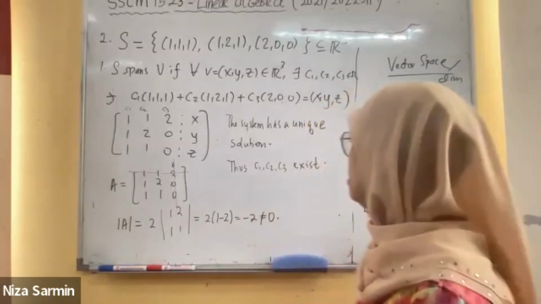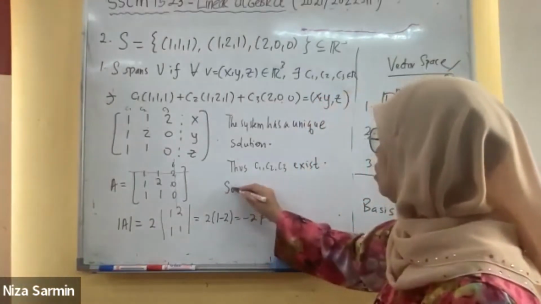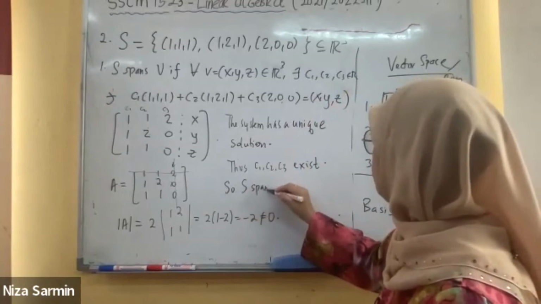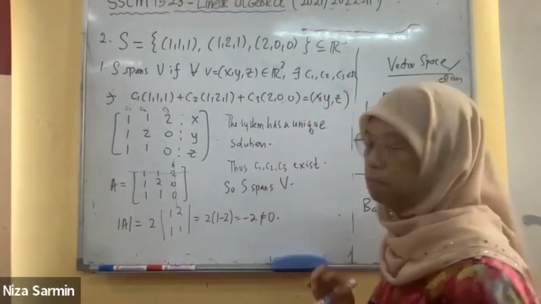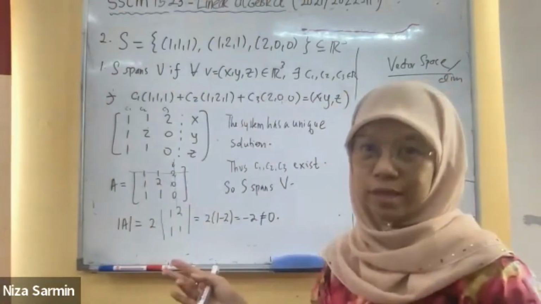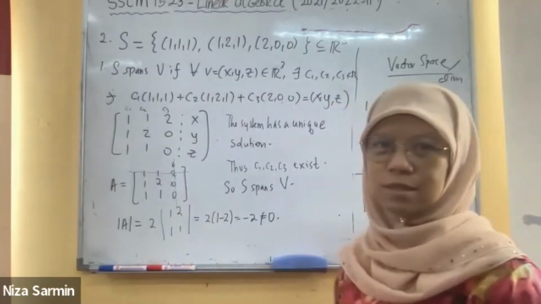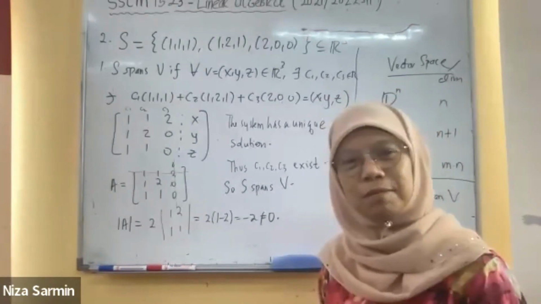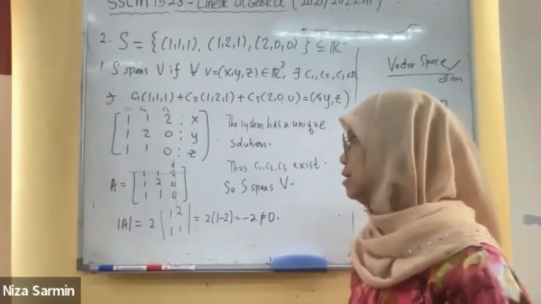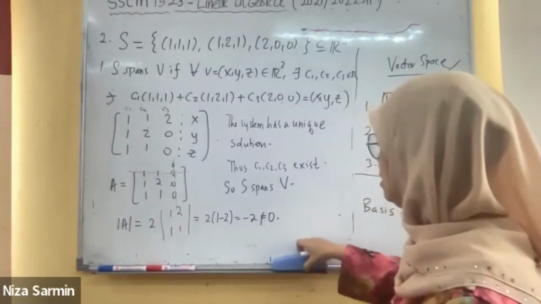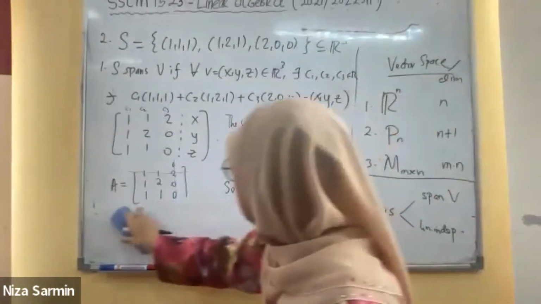So you stop here. So S spans V. Meaning span S is the whole R3. Okay? So we are done with this. But you're not done yet with the second part. Okay? The second part is linearly independent.